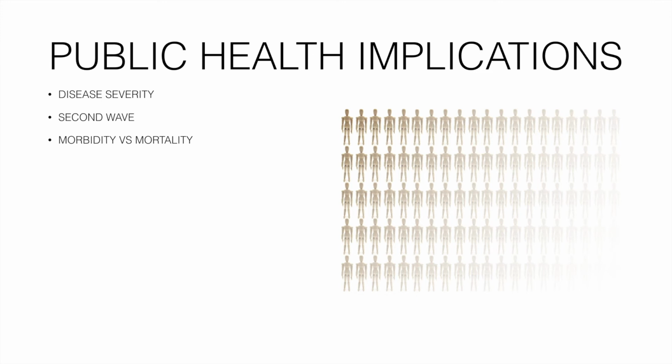Again, as I discussed morbidity versus mortality, morbidity simply means who's actually getting sick versus mortality is who's dying from this disease. And with that, you have to take into consideration, just as we did with SARS and MERS, the burden on the healthcare system.